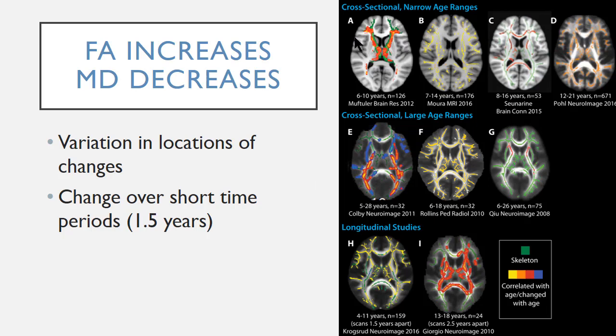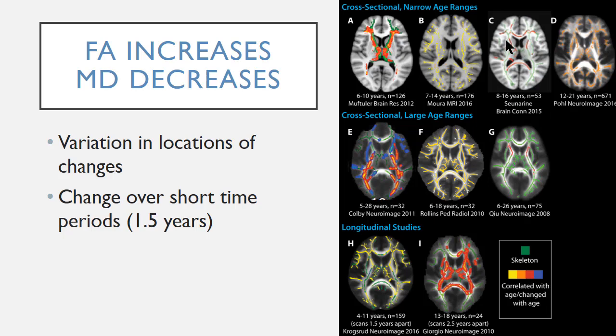One of the things that I think is striking if you try to look at all of them together is that there's quite a variation in the areas of the brain that show correlations with age or changes with age. So here, everything in green is the skeleton that was analyzed, and everything in yellow, orange, red, or blue, basically any color other than green, are areas that showed correlations or changes. So you can see very widespread changes in some of the studies. Almost every region they looked at is changing.